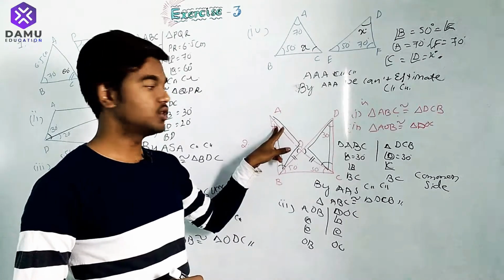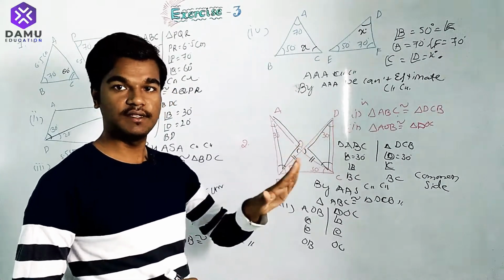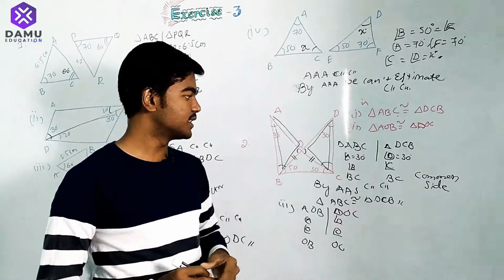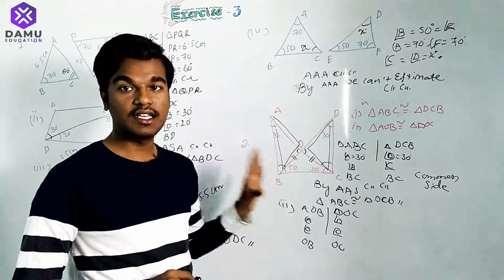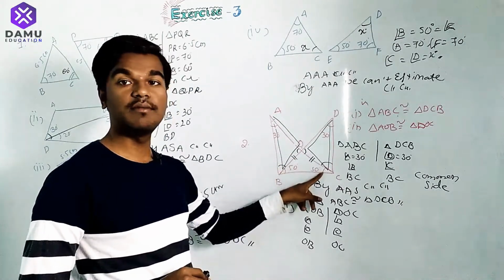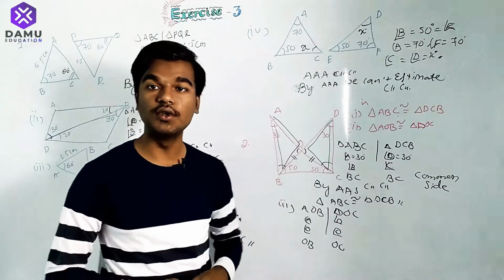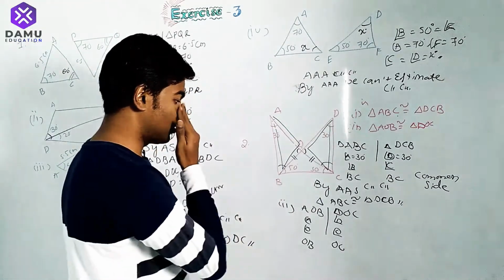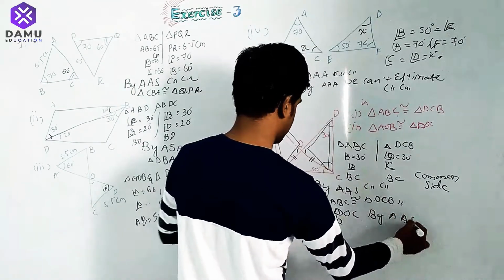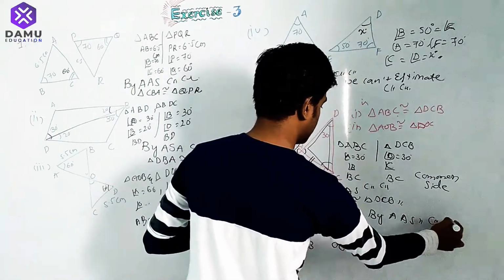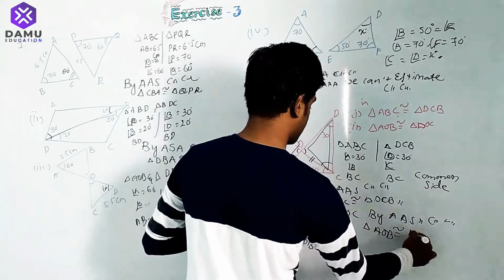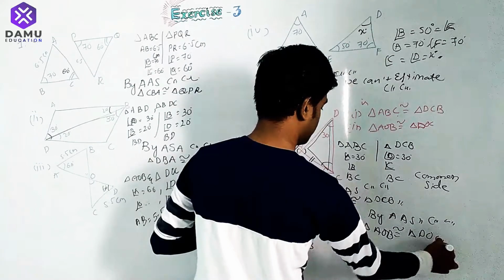Angle A will be equal to 30, angle D is equal to 30, finished for the first angle, and the angles at O are vertically opposite angles, right? So angles are equal there and sides are equal. Why? Because angles are equal, so the opposite sides will also be equal to each other. Then what you can write is by AAS congruency criterion, triangle AOB is congruent to triangle DOC.